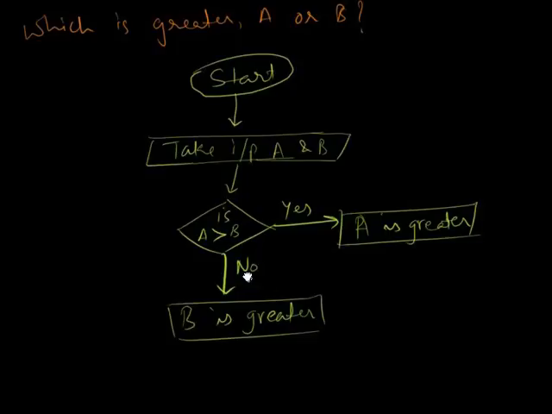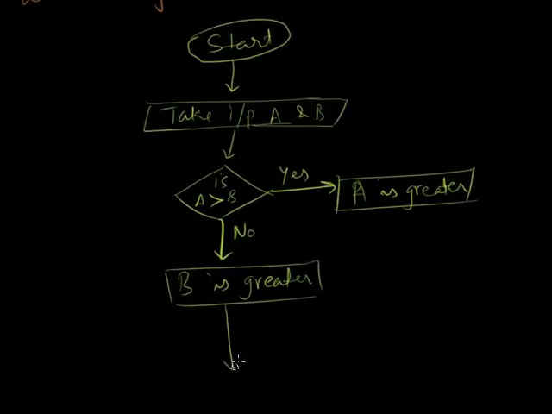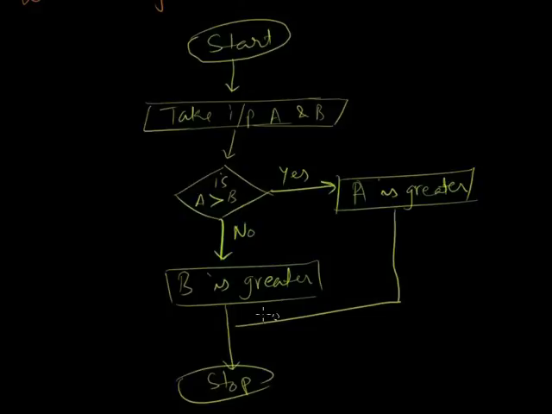And after that, we need to stop. But we are stopping after printing B is greater. What about if the control goes here? If A is greater indeed, then it goes here, prints A is greater. Then we need to stop after this also. So we connect it here. So this is nothing but a flowchart.